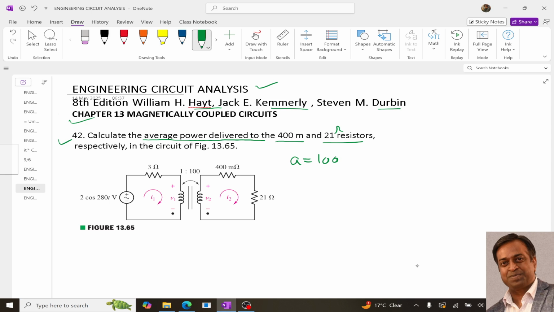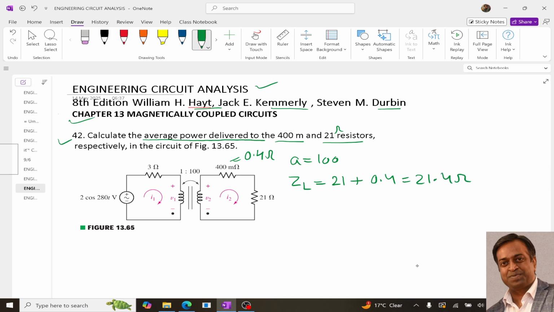So in this particular question, how can we approach? First of all, we can determine what our ZL is. Our ZL is going to be the combination of these two. So it will be 21 plus this 400 milliohm, which can be written as 0.4 ohm, so it equals 21.4 ohms.